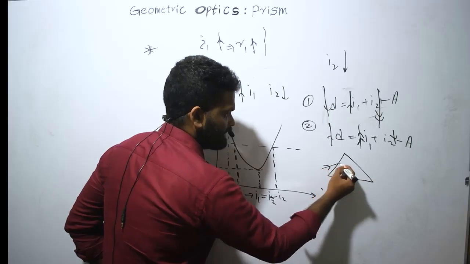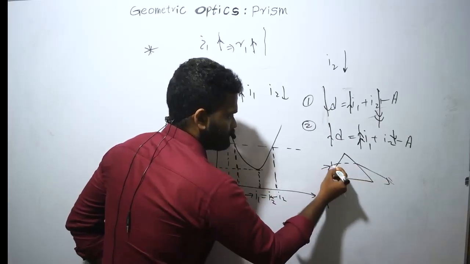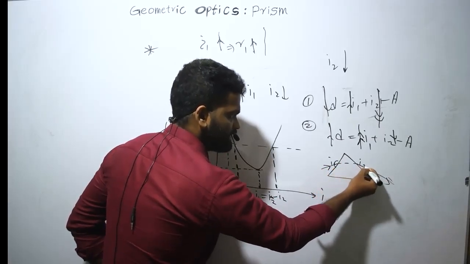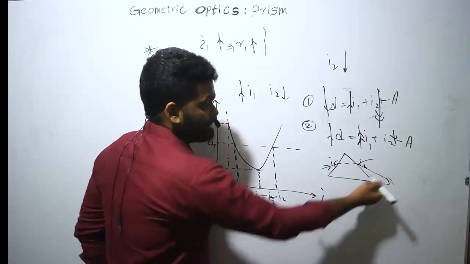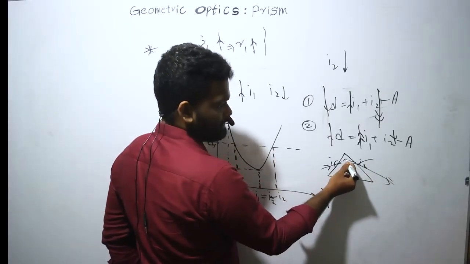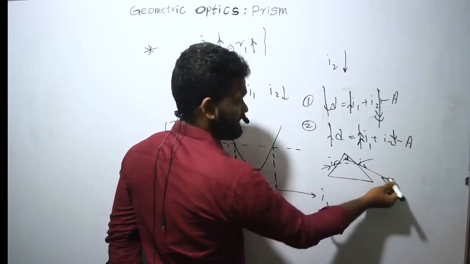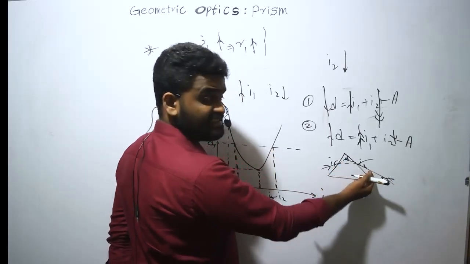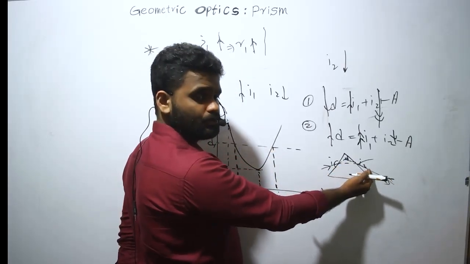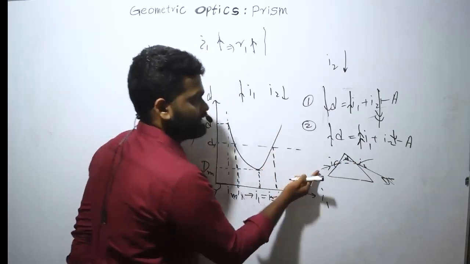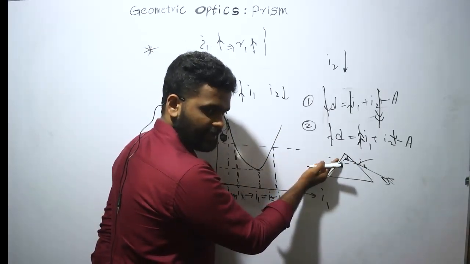So why do we get that? If this is I1, then the other side is I2, right? So we have a deviation, simple D. Then if you send the ray to the other side, the incident angle is I2. From this side, the incident angle is I1.